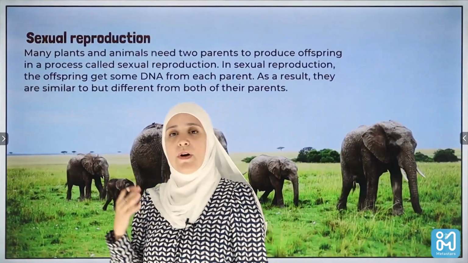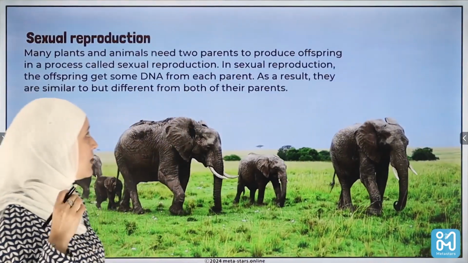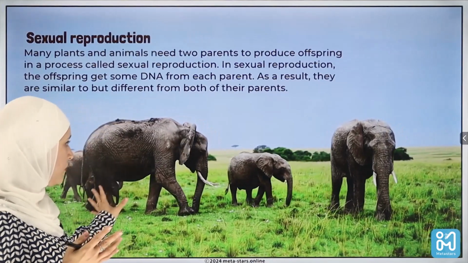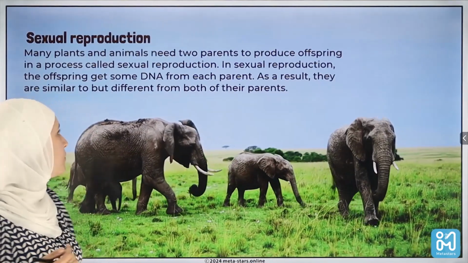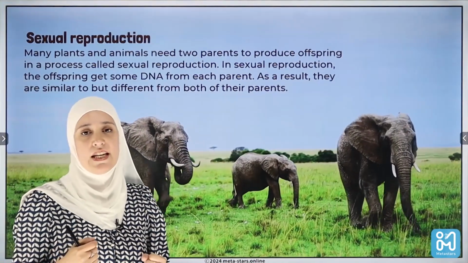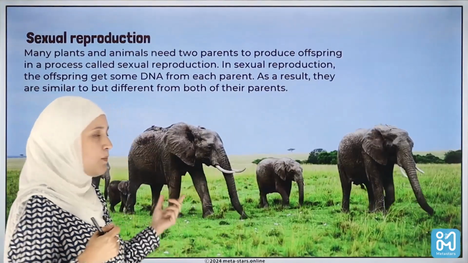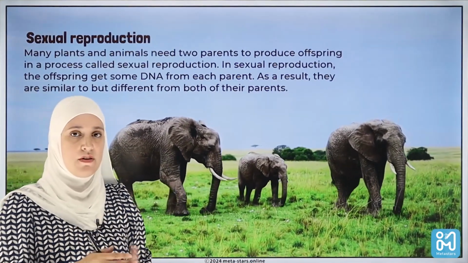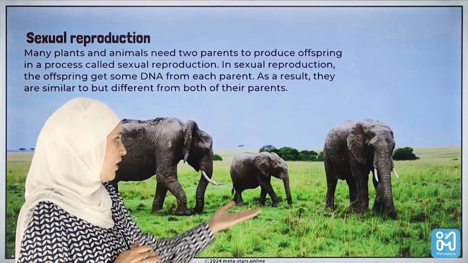Let's talk now about sexual reproduction. Sexual reproduction means that we need two parents. So the offspring will take their genetic material from both parents, male and female, or the two parents share their genes with the offspring.